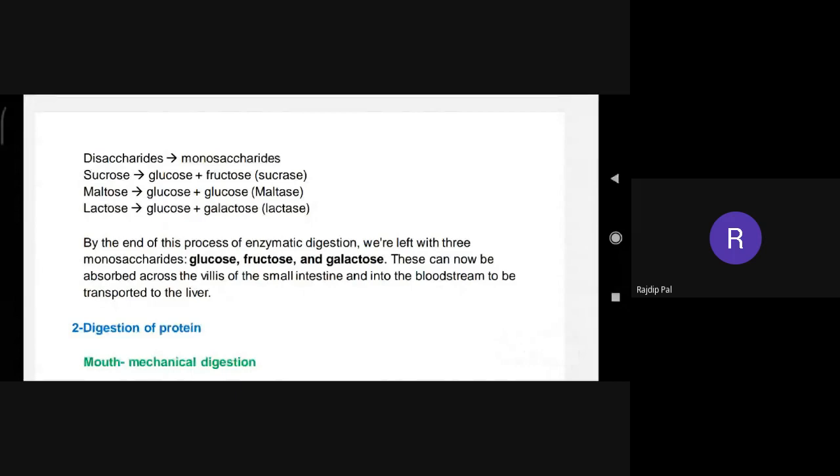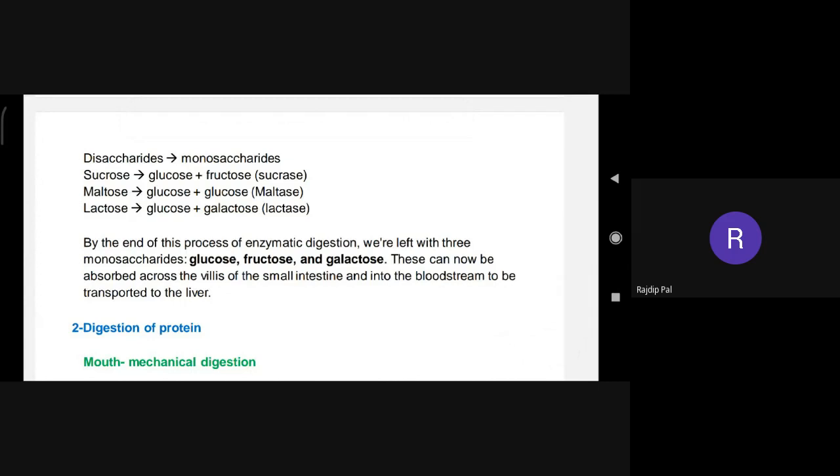Like sucrose is divided or broken down into glucose plus fructose. Maltose is broken down into glucose plus glucose. It means if two glucose are combined, then maltose is produced. Then lactose.